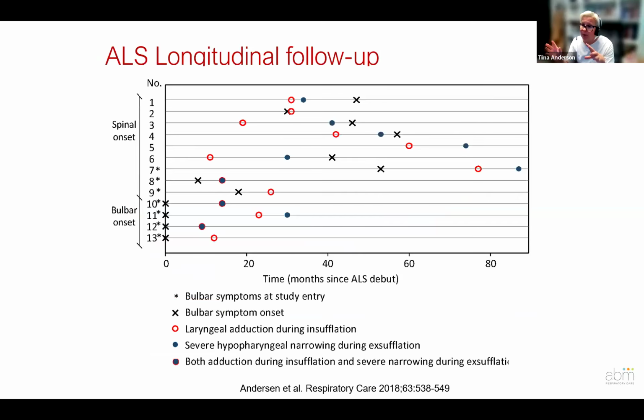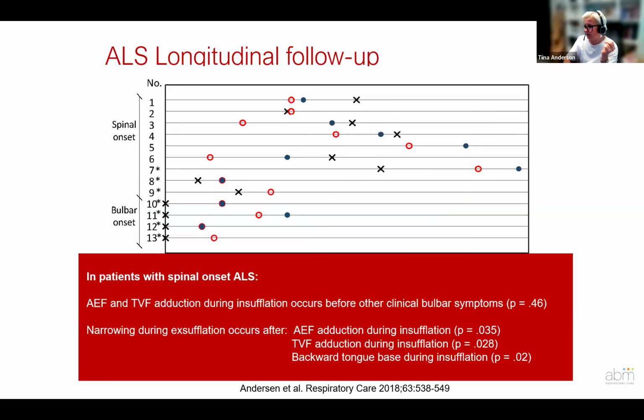We also tried to map out within our cohort what happens first and what happens last: bulbar symptom onset, laryngeal adduction during insufflation or during exsufflation, or both insufflation and exsufflation.